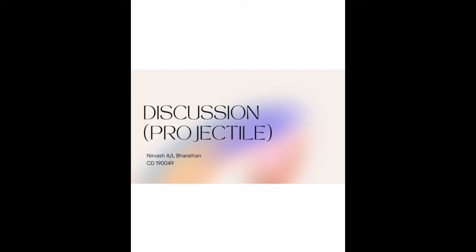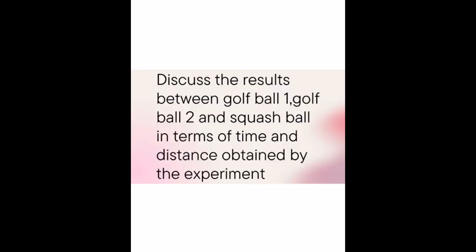Today I will be discussing topic 7's discussion, which is the projectile discussion. For discussion number 1, I have stated the question and here I'm explaining it. Golf ball 2 seems to have traveled a longer distance than golf ball 1 and the ping pong ball. Furthermore, golf ball 2 also took longer time compared to golf ball 1 and the ping pong ball.